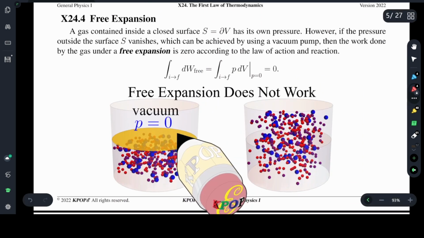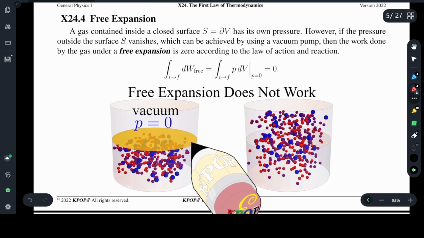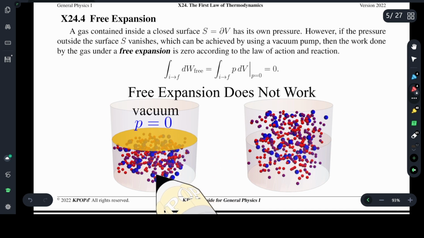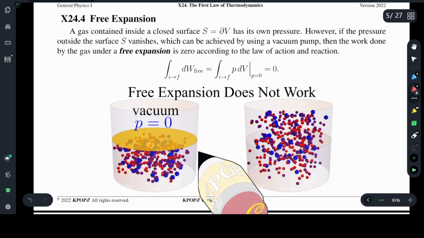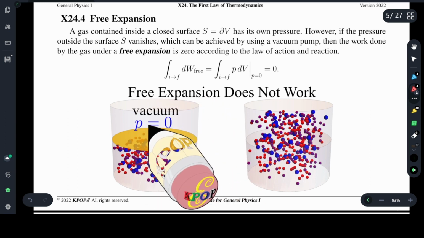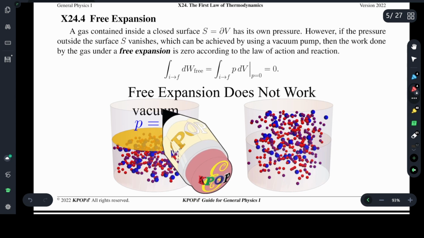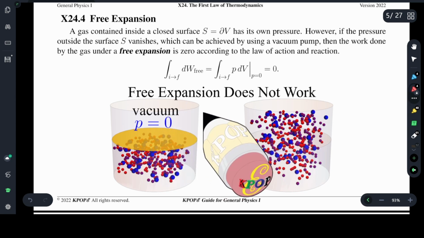Free expansion. The work done by gas against a vacuum. You can see that originally gas is contained in one half of this container, and the other half of the container is empty. That is a vacuum.